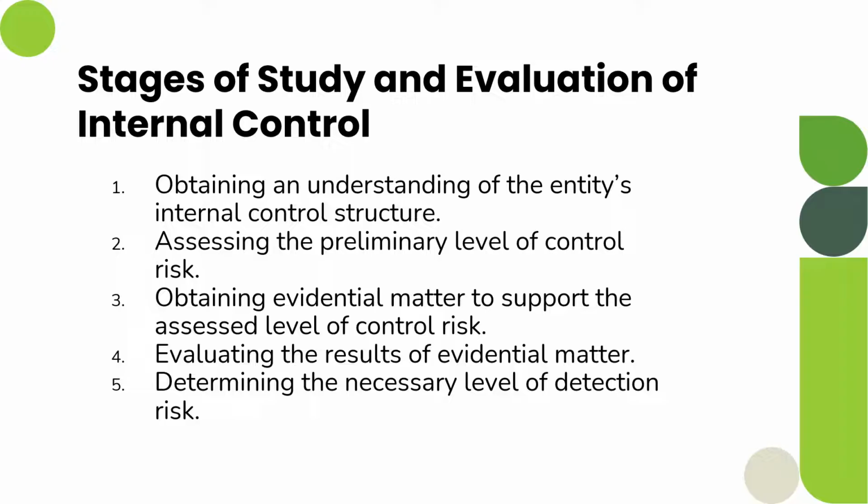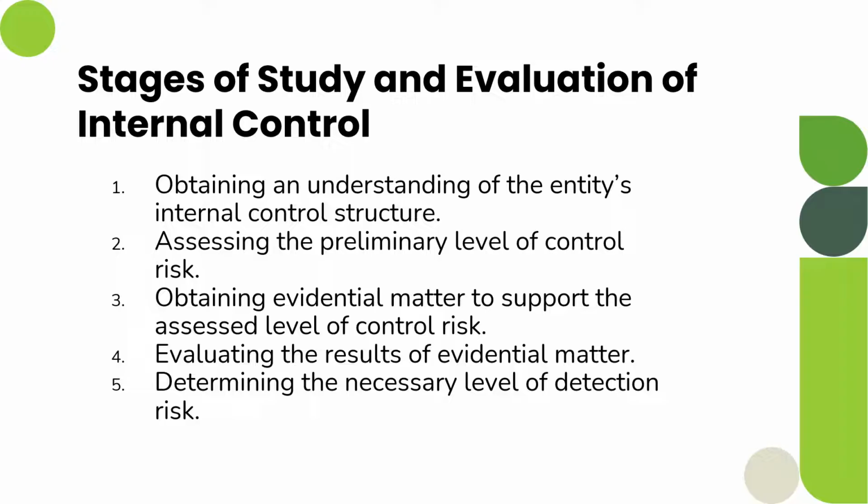And we also know that risk assessment procedures will involve inquiry, inspection, observation, in the particular case of internal controls, when the auditor determines if it is implemented, because remember, under risk assessment, it's design and implementation. To determine implementation, the auditor will also perform what we call a walkthrough test. So, inquiry, inspection, observation, and a walkthrough test.